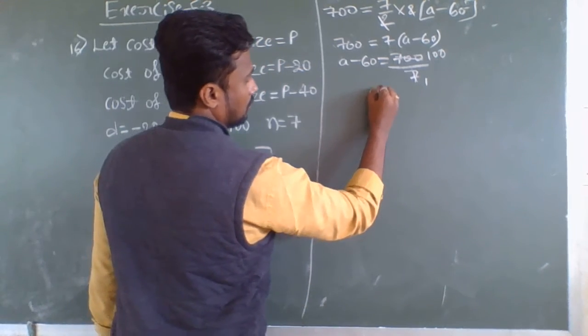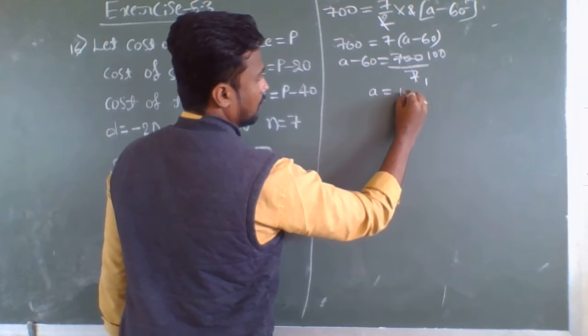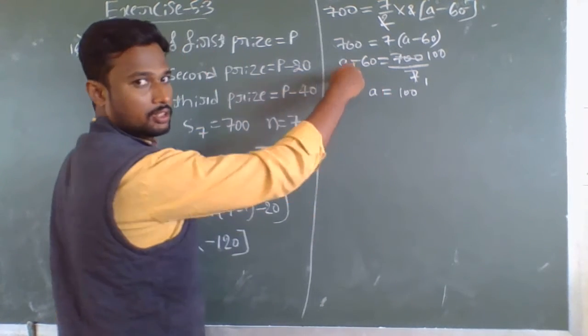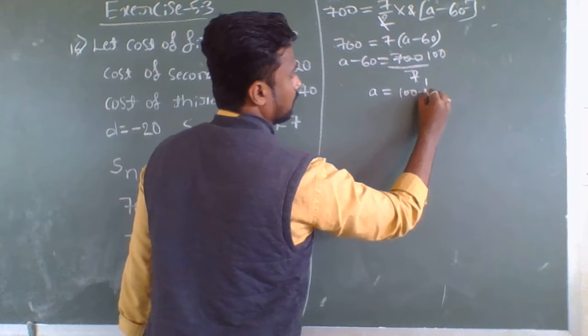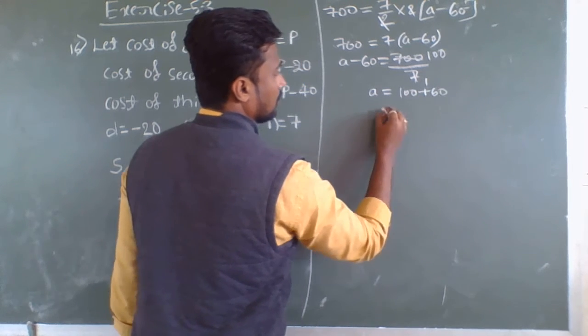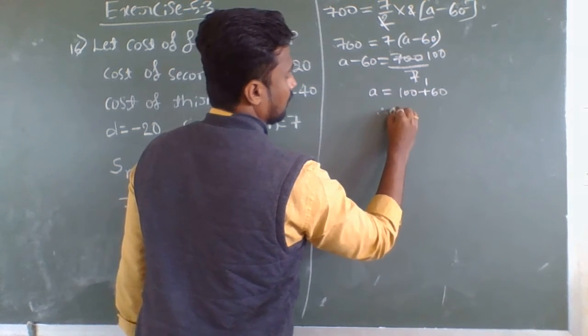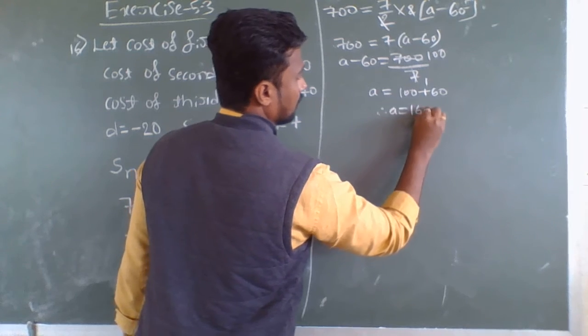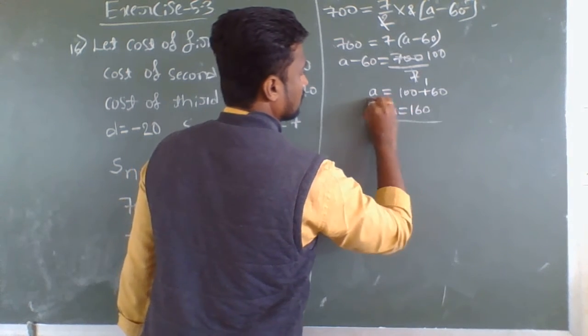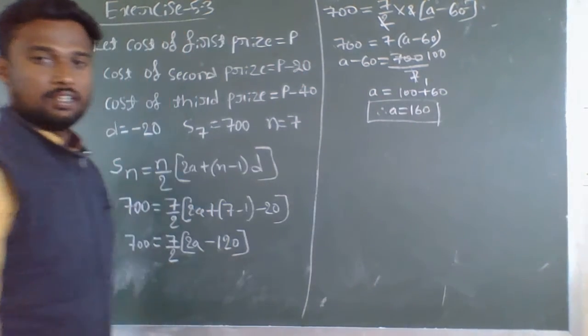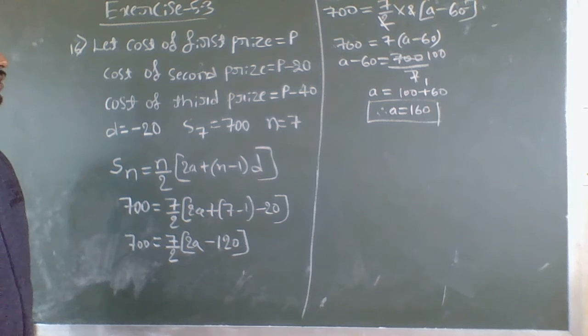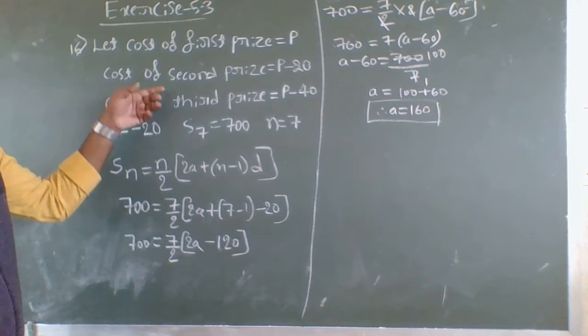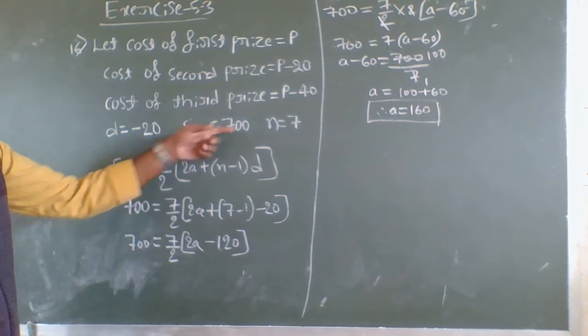Now a is equal to 100, I'll move this 60 to the other side. Therefore minus 60 becomes plus 60. Therefore we got the a value as 160. This is the first prize value. Now we can calculate the prizes of the second, third up to the 7th student.